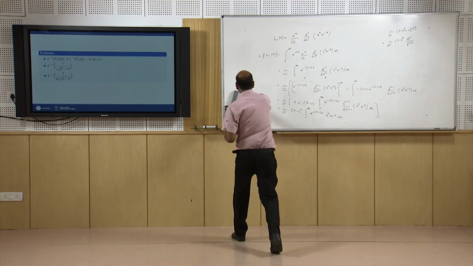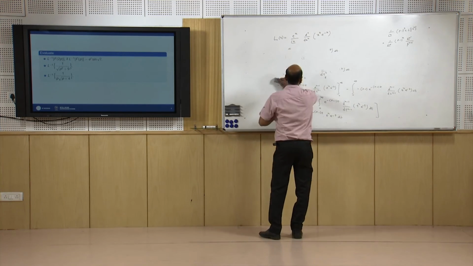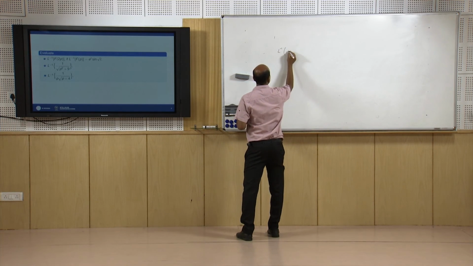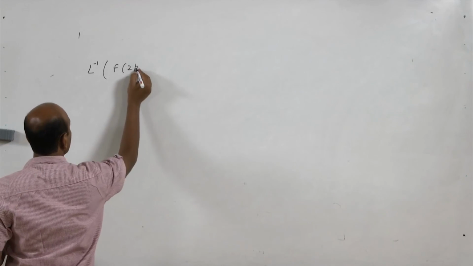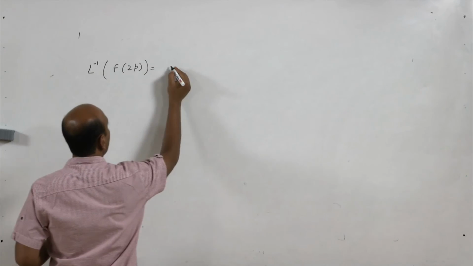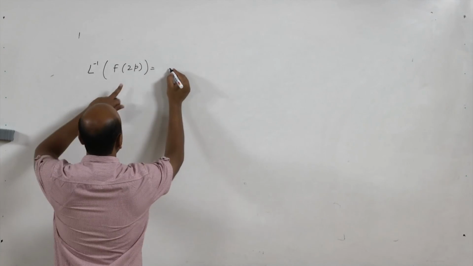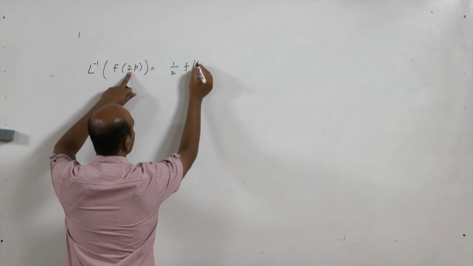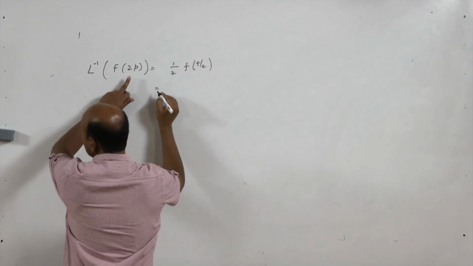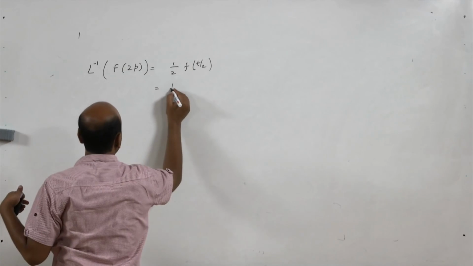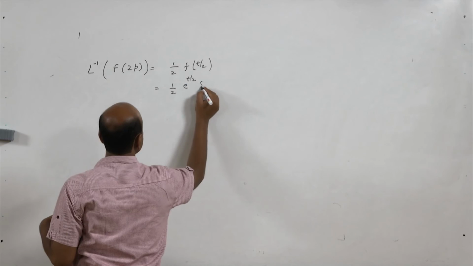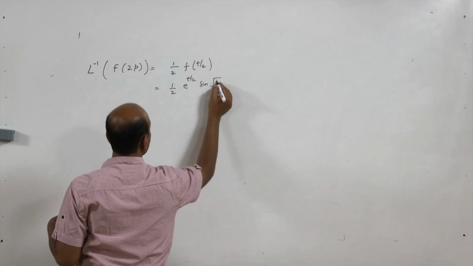So what will be the Laplace inverse of this expression? Here a is 1 by 2, so it is 1 by 2 f(t by 2). f(t) is this, so it is 1 by 2, e to the power t by 2, and sine under root t by 2.